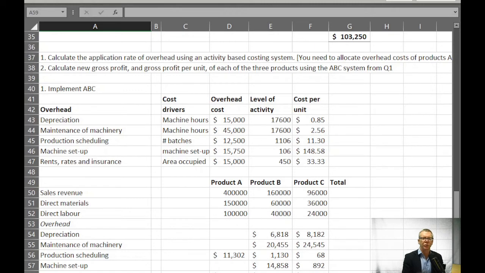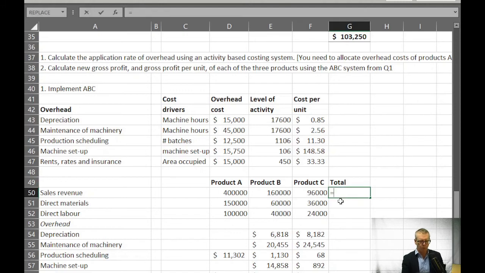So what we want to do though, we just want to check that we've got this correct. So total overhead, we're going to add up everything that we've allocated under that overhead category. Let's again get rid of those decimal places. We've got just under 18,000, 48,000 and 37,000.